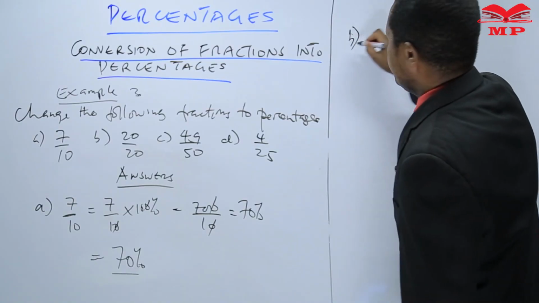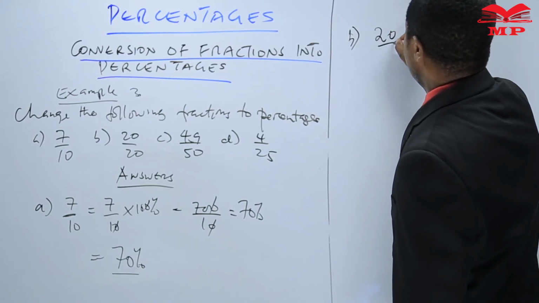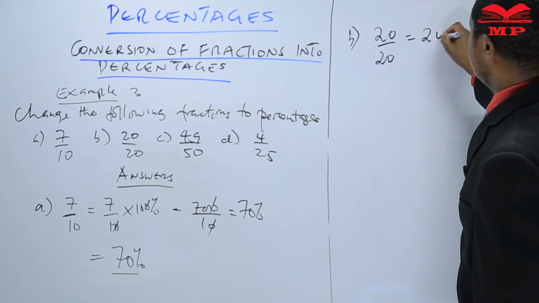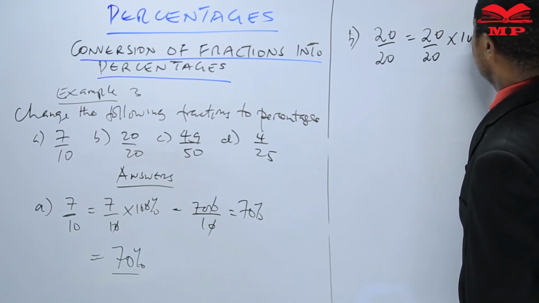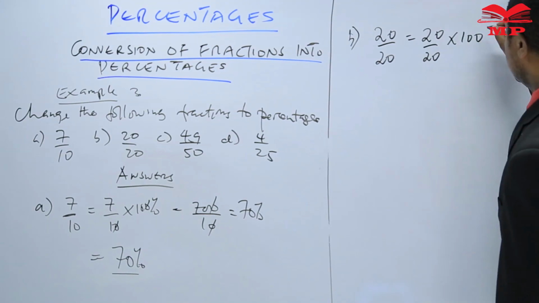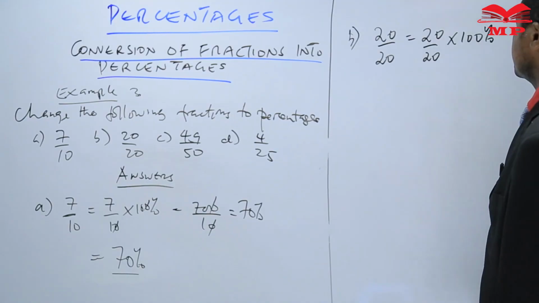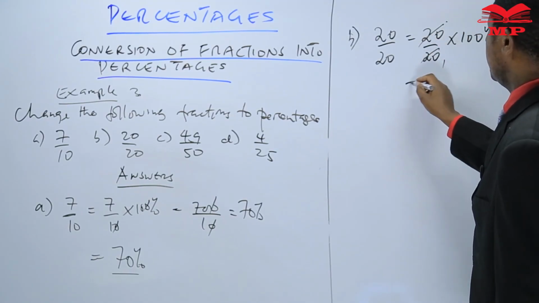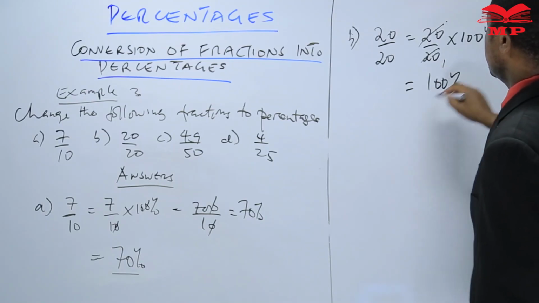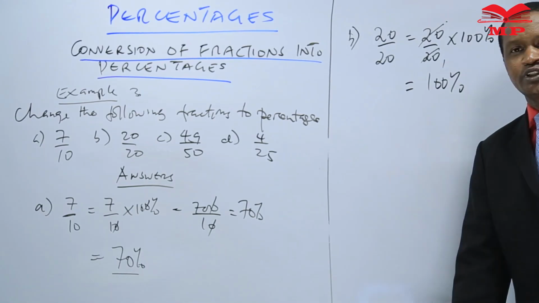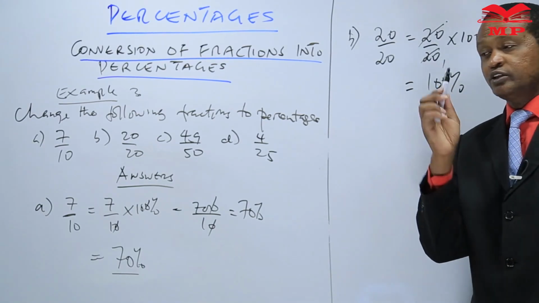Now B, 20 over 20 converted into a percentage will be equal to 20 over 20 times 100%. So this 20 cancels out with this 20. Remaining here is 100%. So 20 over 20 is the same as the whole. We said the whole is represented by 100%.